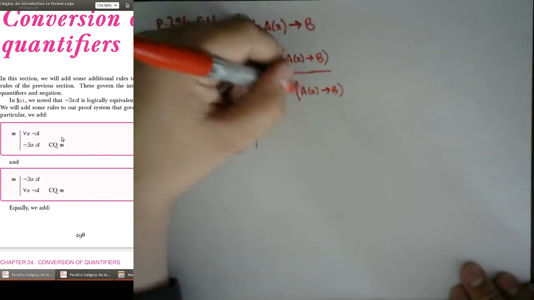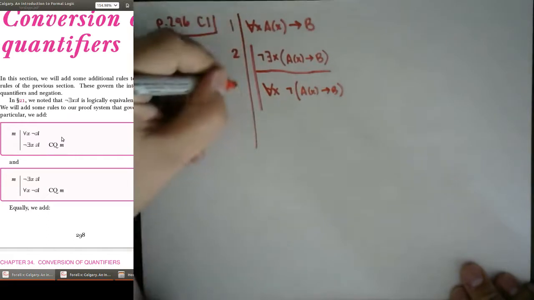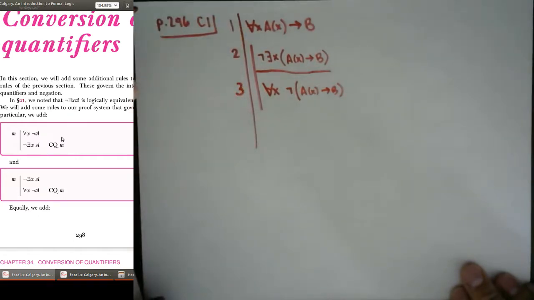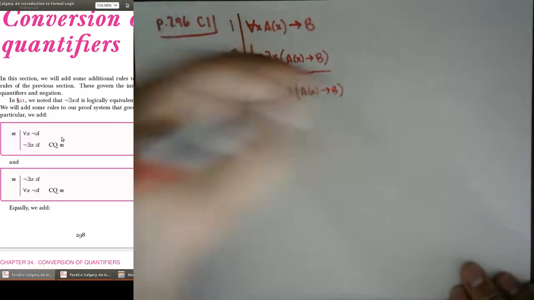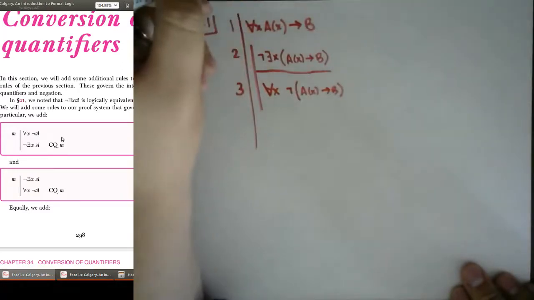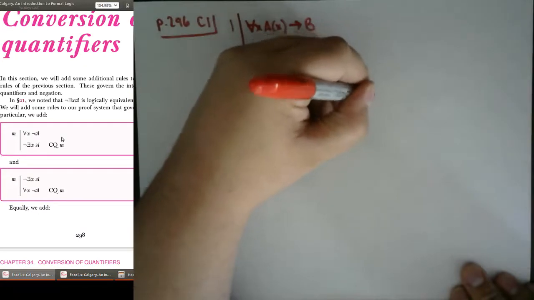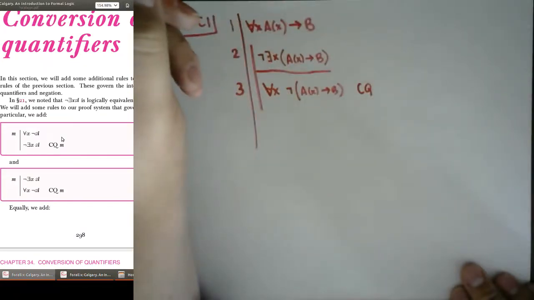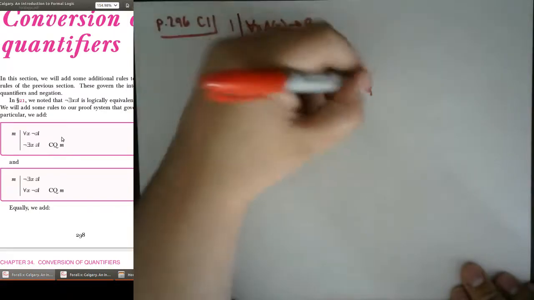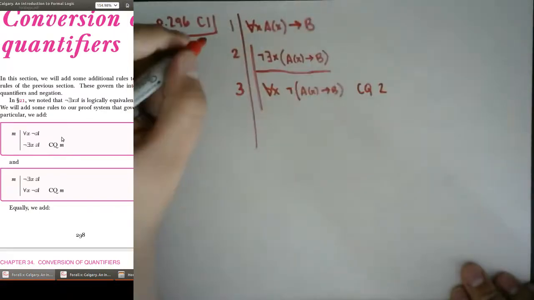It doesn't hit only the A, for example. It's just like in algebra, when you're squaring something, it squares the entire thing, not the first term or the last term only. So that is the CQ rule, and according to this documentation, it just cites line 2.